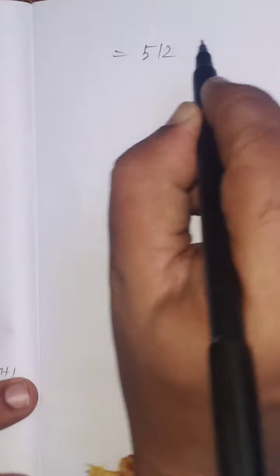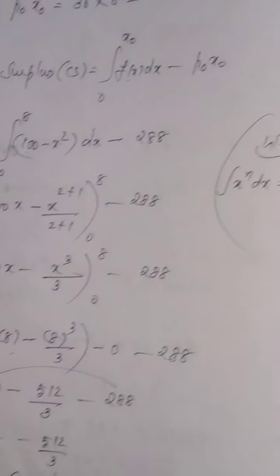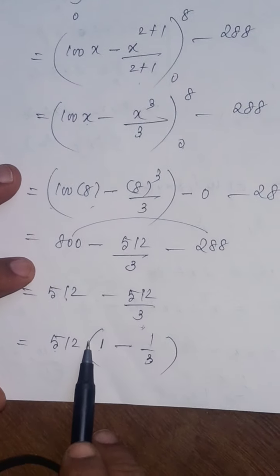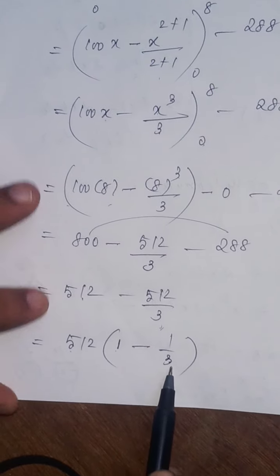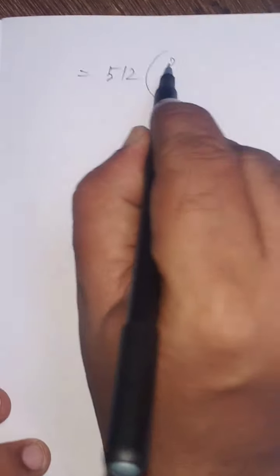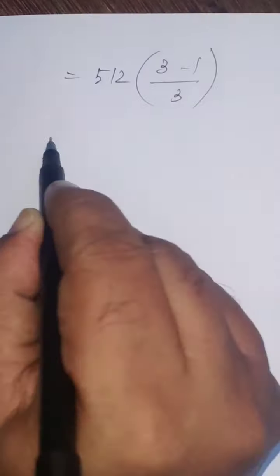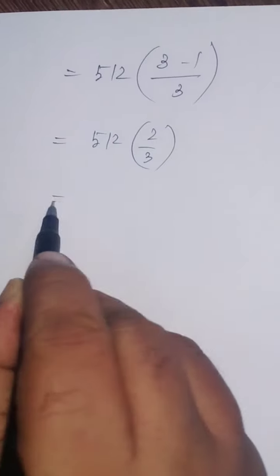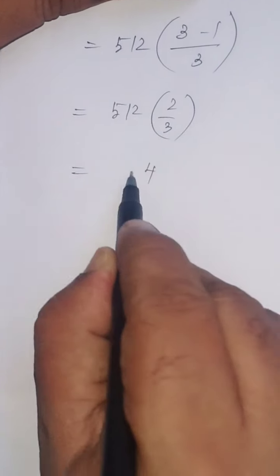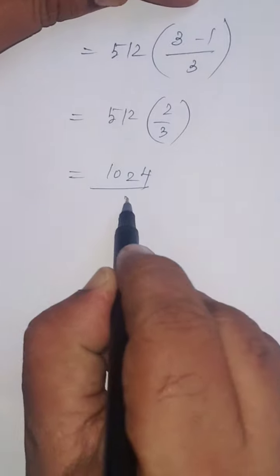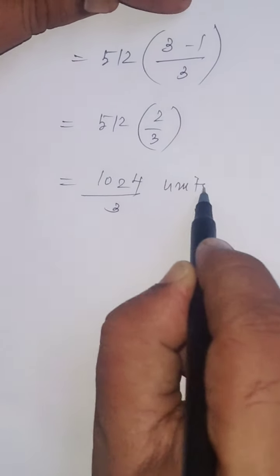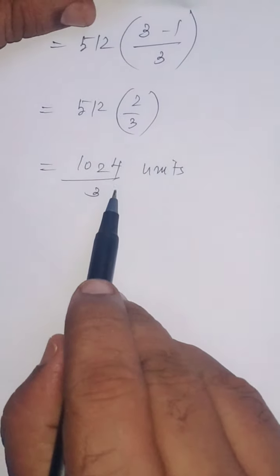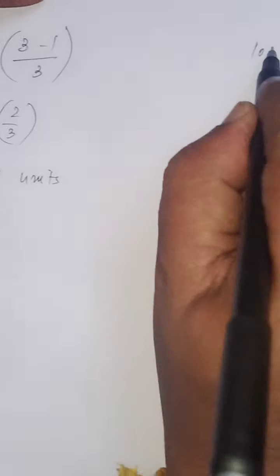Write 512 as it is, into 3 ones are 3 minus 1, whole divided by 3. The LCM is 3, so 3 minus 1 by 3 equals 2 by 3, giving 512 into 2 by 3, which is 1024 by 3. You can stop the result at this stage, or else you can divide.